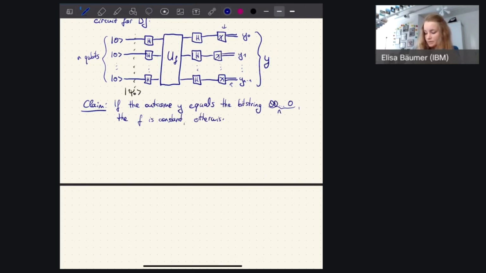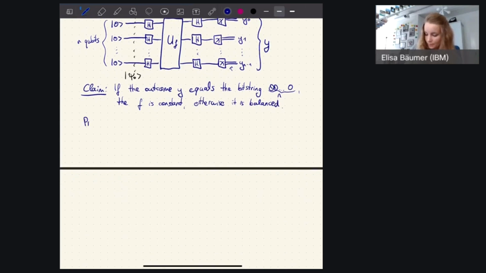Otherwise, if we get any other bit string, then it is balanced. And for the proof, we just work ourselves through the different stages. So we start with the state psi 0.